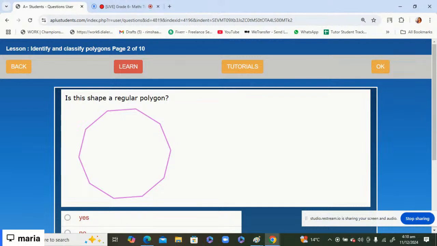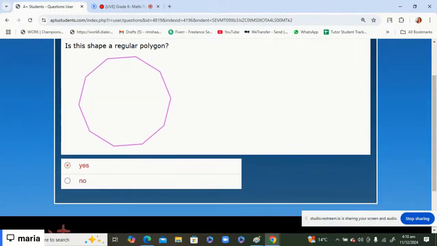Yes, and when you count the sides, let's count them: 1, 2, 3, 4, 5, 6, 7, 8, 9, 10. So it's a decagon. So yes, this is a polygon, so we can say that yes, it's a polygon. So the option is here, yes.